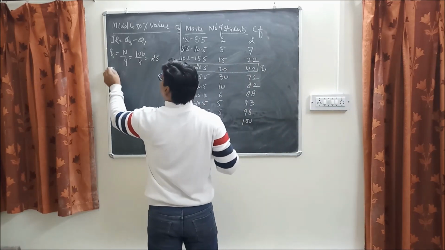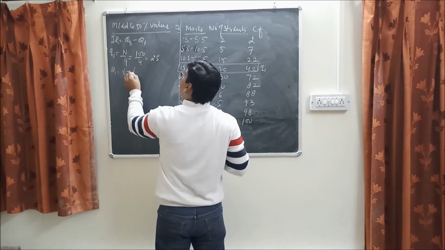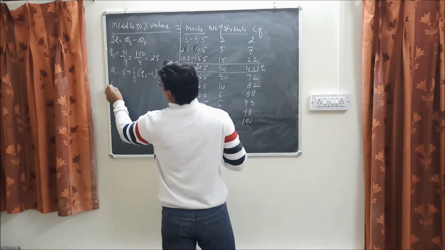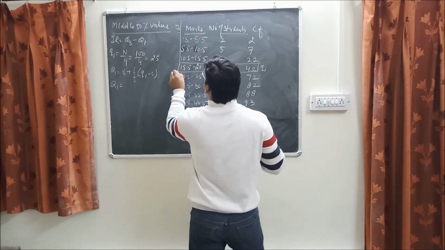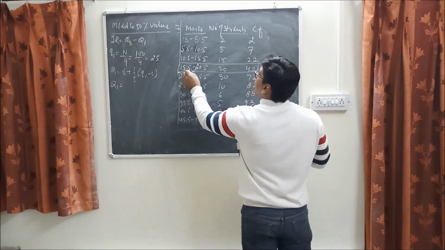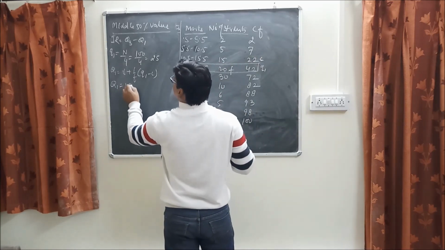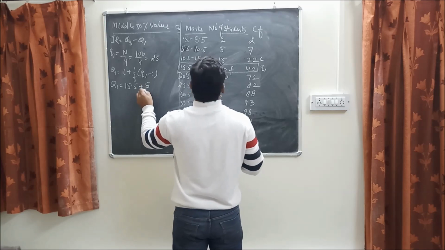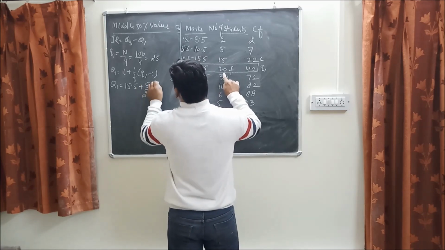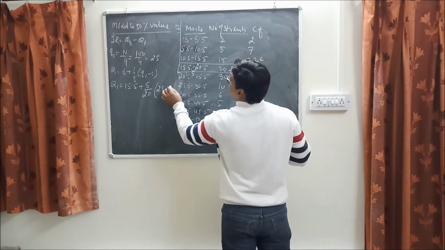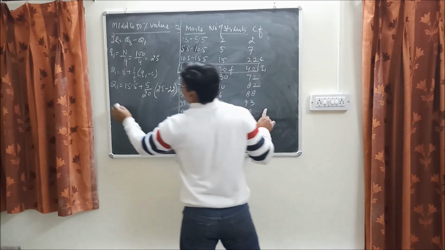And we use the formula Q1 equals L plus I upon F into (Q1 minus C). So, Q1 equals L is 15.5, I is 5, F is 20, Q1 is 25 minus C 22.